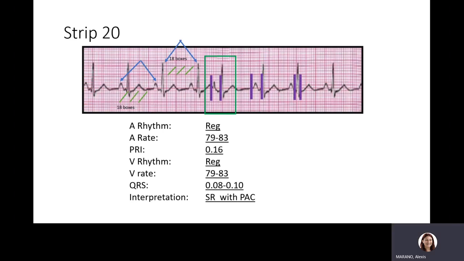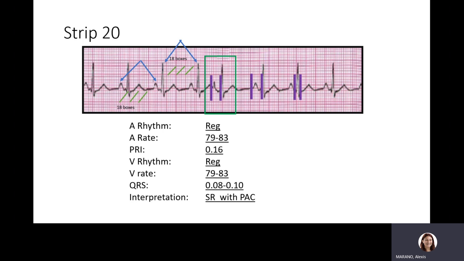And finally, strip 20. Alrighty, with strip 20, your atrial rhythm, do they march out? Yes, they do, making it regular. Your atrial rate, we're counting 18 smaller boxes, giving us a rate of 79 to 83. Your PRI, as indicated by the purple, we measure 0.16.